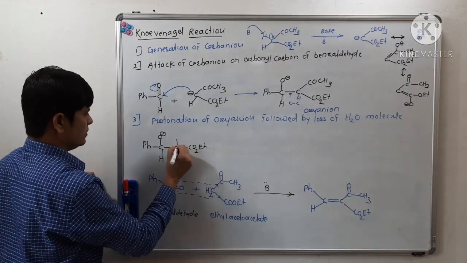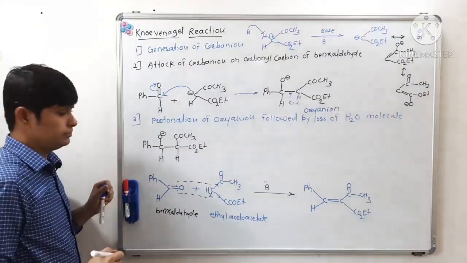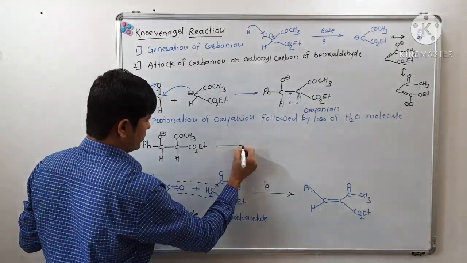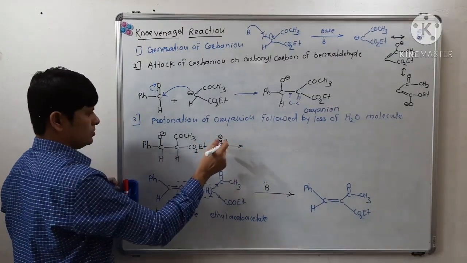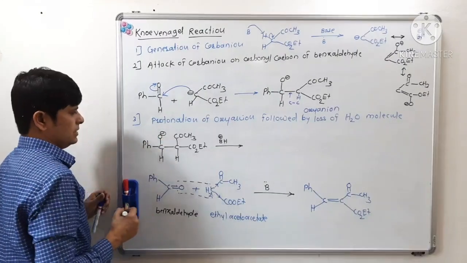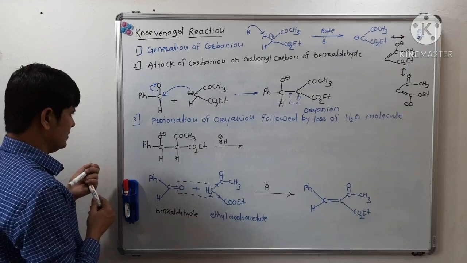CO2Et, COCH3. So this molecule will take a proton from this conjugate acid BH plus, isn't it? So that I will show here like this.